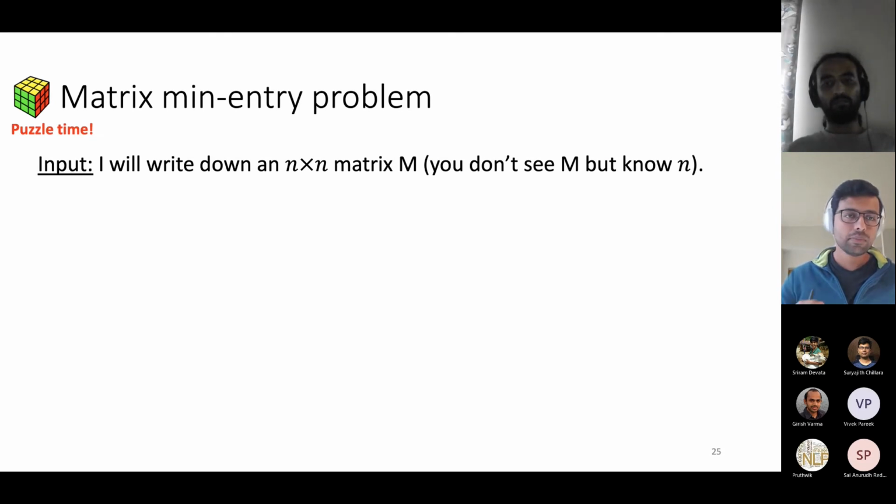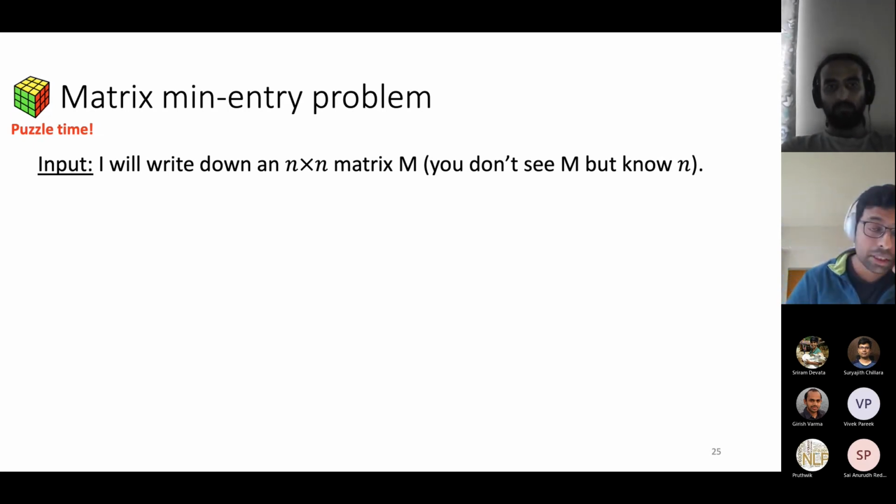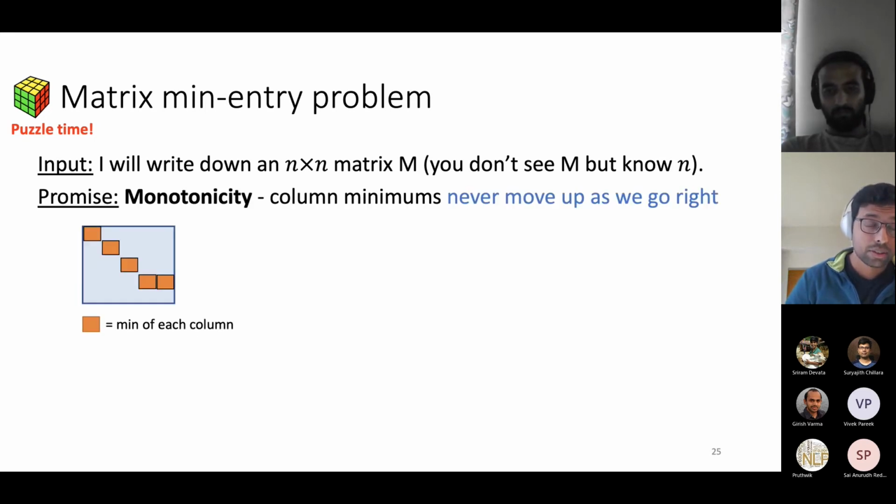The input of the puzzle is going to be an n cross n matrix. You, who are going to solve the puzzle, do not get to see the whole matrix, but you know the dimension of the matrix. For the time being, let's just assume that this is a square matrix, so n cross n. What I also tell you, as the puzzle designer, is that this matrix is monotone.